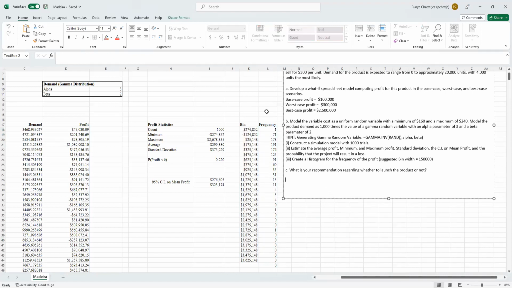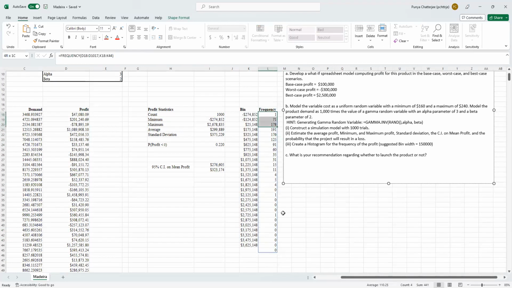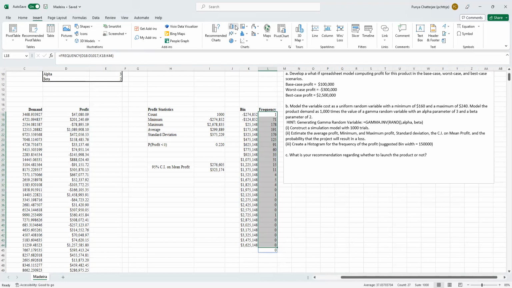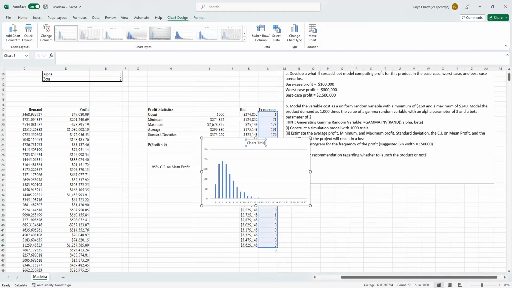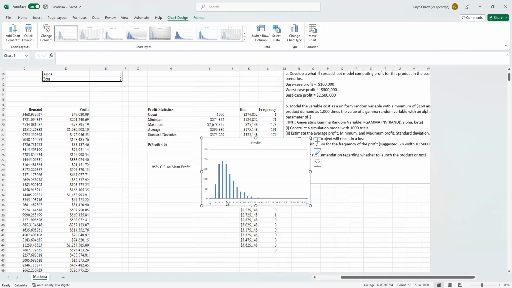And finally, let's get the histogram. So for histogram, just get all of your frequencies and then insert a chart. So this is your profit. And you also need to change your horizontal axis.